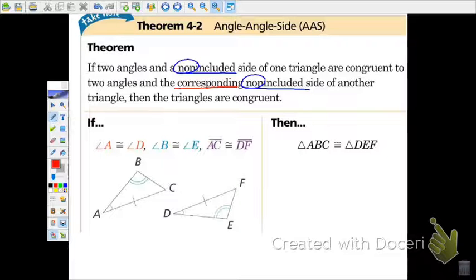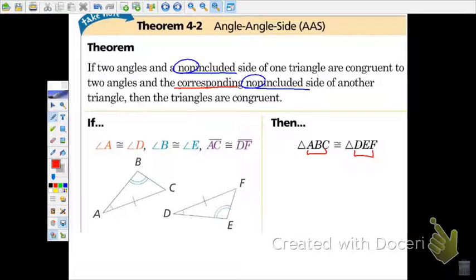And when I did that, angle B is going to go over to E. A comes over to D, which means the side AC is going to lay on top of side DF. If I look at my congruent statement, those pieces match up. Side AC is the first and last. DF is the first and last.